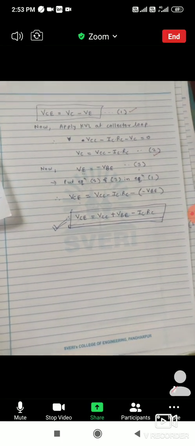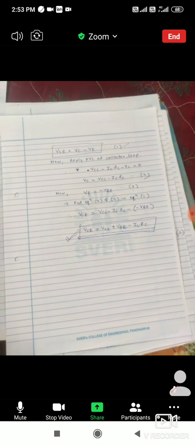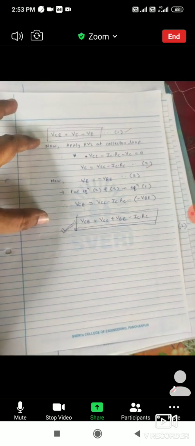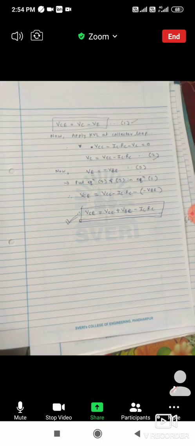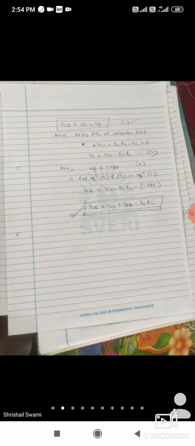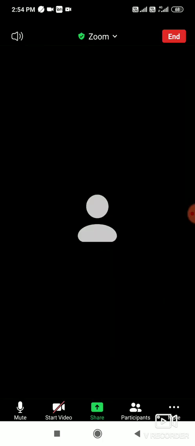So has everyone understood these two derivations? Everyone has understood how to find the expression of IC, the collector current, and how to find the expression of collector to emitter voltage. This one is a small derivation compared to the previous one. Now these two are required for understanding the DC analysis.